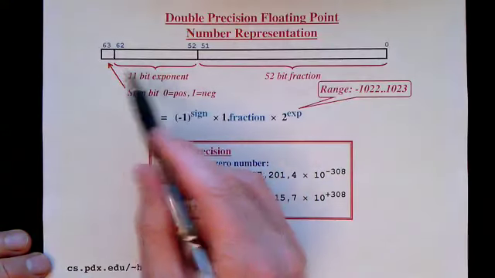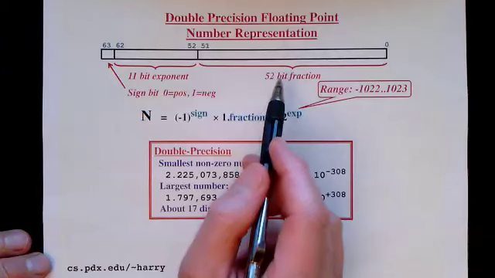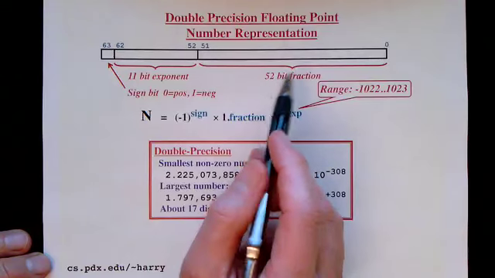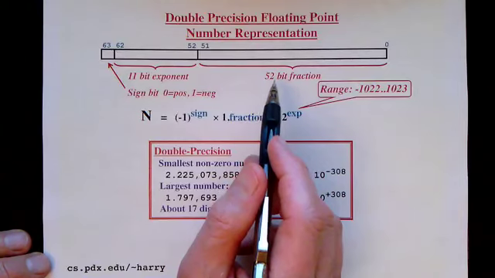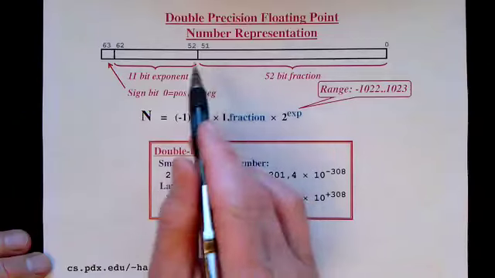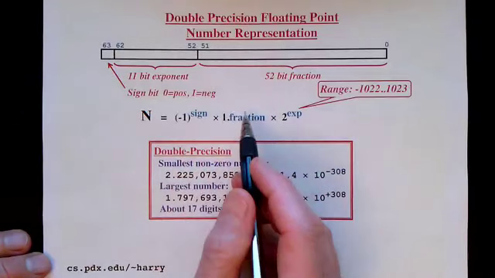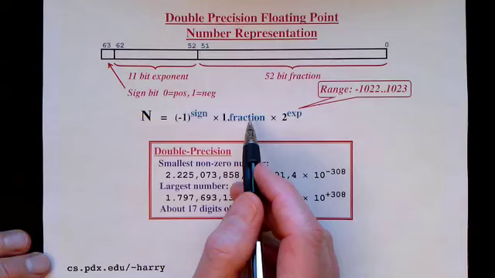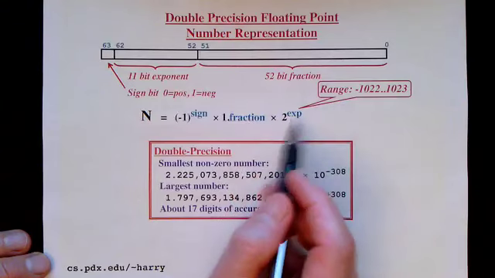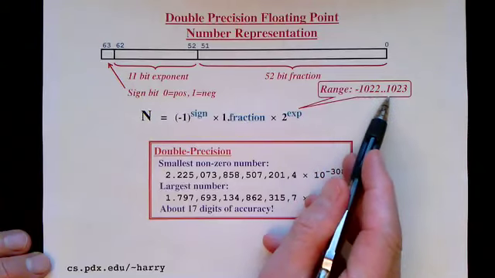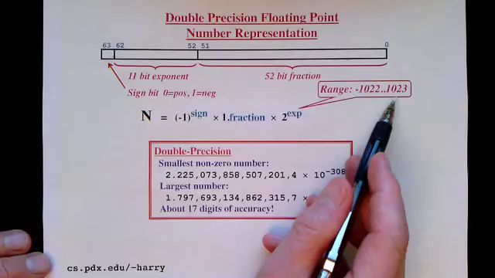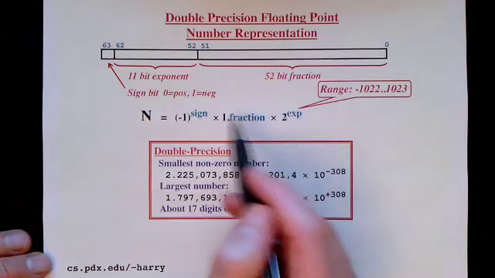We have a sign bit, we have an exponent, and we have a fraction. We also have positive and negative 0, positive and negative infinity, not a number, and the representations are similar. In the case of double precision, we have exponents that range from minus 1022 to positive 1023. And we have, of course, more bits for the fraction.